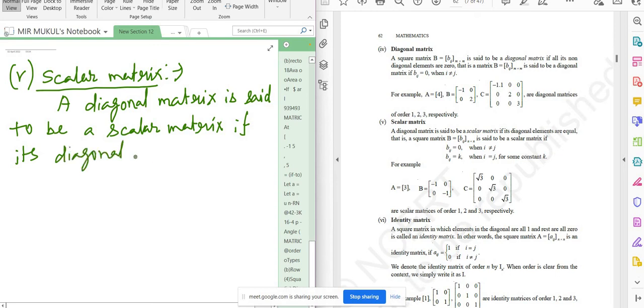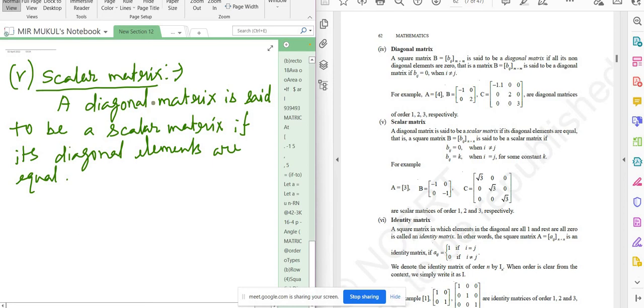And we know that in a diagonal matrix, non-diagonal elements will be 0.